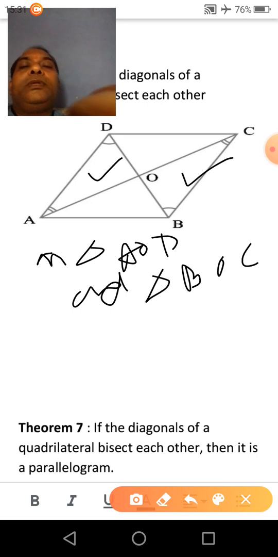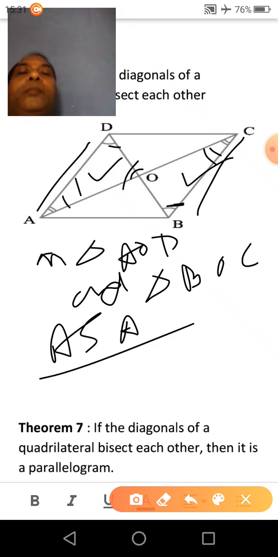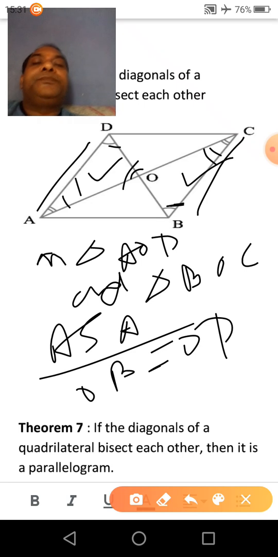Clear? So this angle is equal to this one, this angle is equal to this one, and side AD is equal to BC. So by ASA congruency, both triangles are congruent. Clear? So OB will be equal to OD by CPCT.